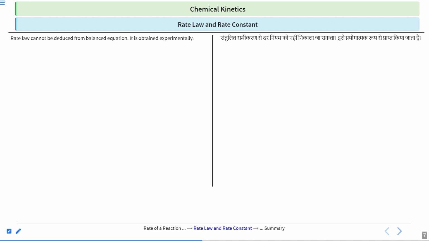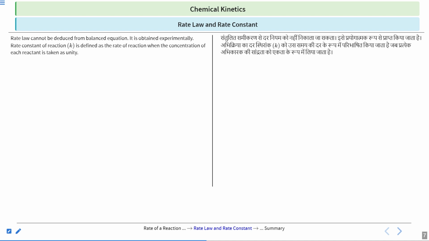If you were able to do so, then you wouldn't need these experimental values alpha and beta. But since we said very clearly that stoichiometric coefficients are not always the powers, we cannot get our rate law from the balanced equation. Clear? It is obtained experimentally.